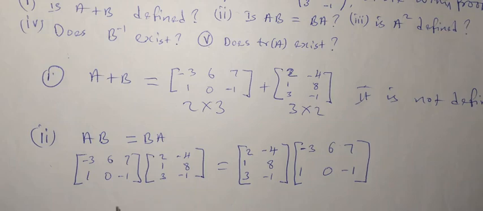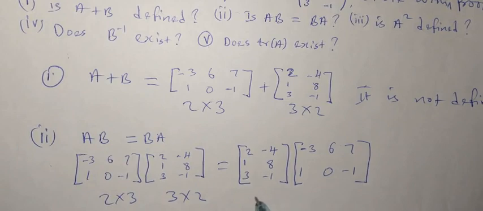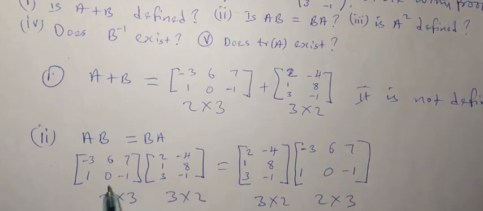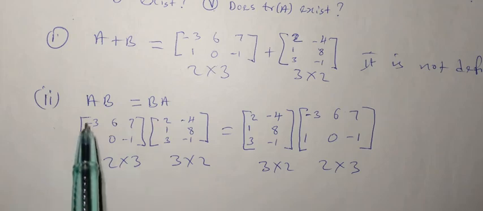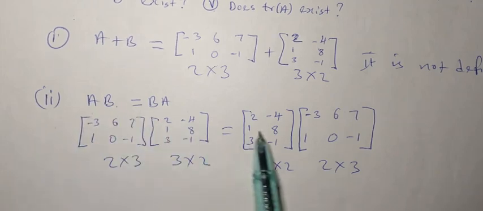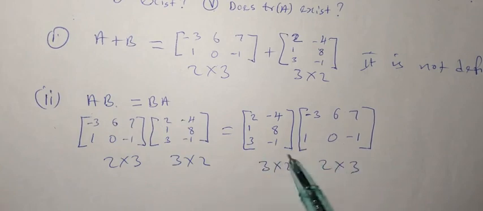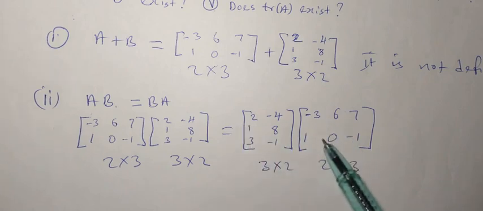By looking at this, this is a 2 by 3 and this is a 3 by 2. So this one also is a 3 by 2 and a 2 by 3. Actually, we can multiply A times B, and for B times A, the other side, okay, yes, this can also be multiplied.